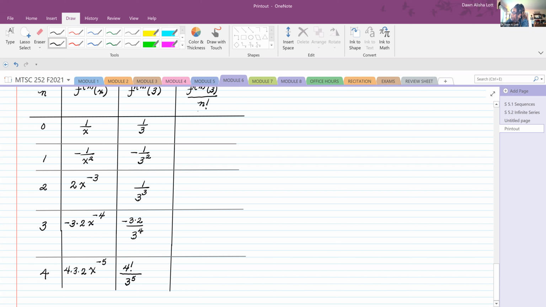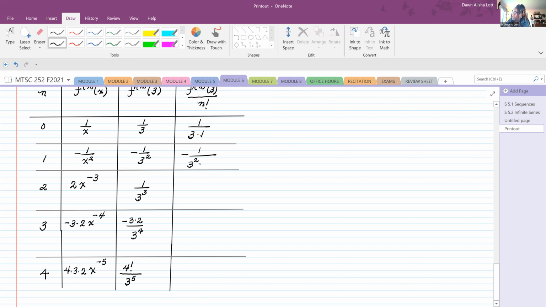Okay, so now when I come over here, I have 1 over 3, and then it's over n factorial. 0 factorial is 1. So I'm going to get 1 over 3 times 1. This is going to give me negative 1 over 3 squared.